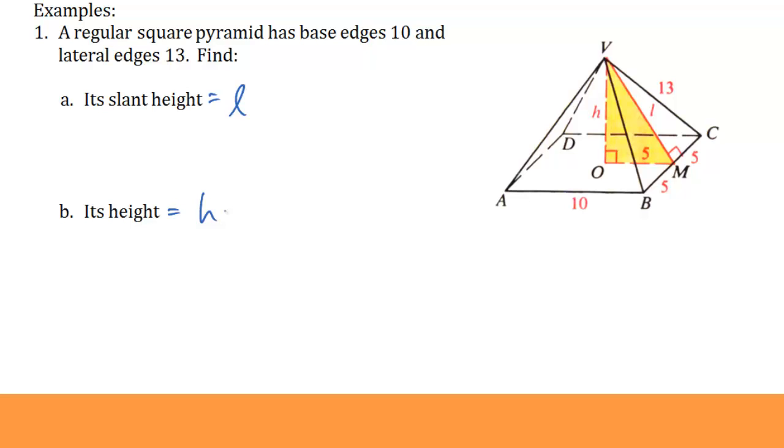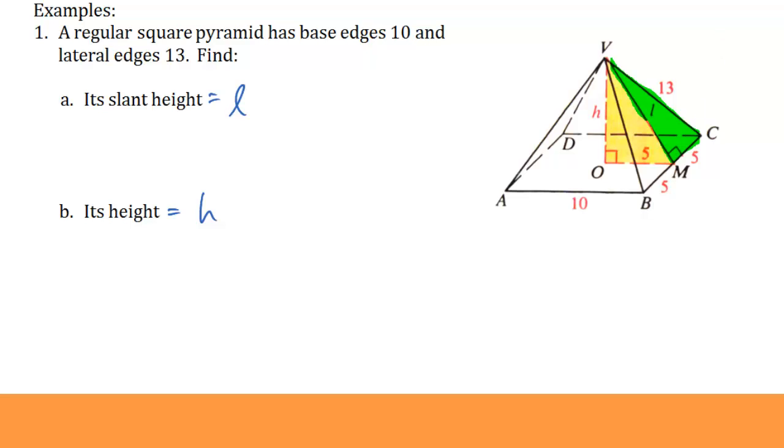Okay, so what's nice about regular pyramids is that we end up with nice right triangles when we try to find the heights. So for example, when we're trying to find L, the slant height, let's use this triangle that is half of one of the lateral edges. That triangle is a right triangle due to the right angle at the bottom.